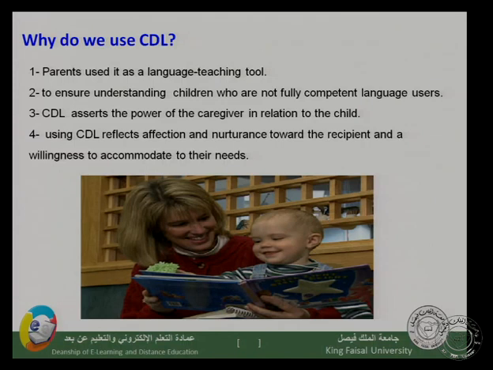Again, using child-directed language would reflect the affection and nurturance toward the recipient and the willingness to accommodate to their needs.